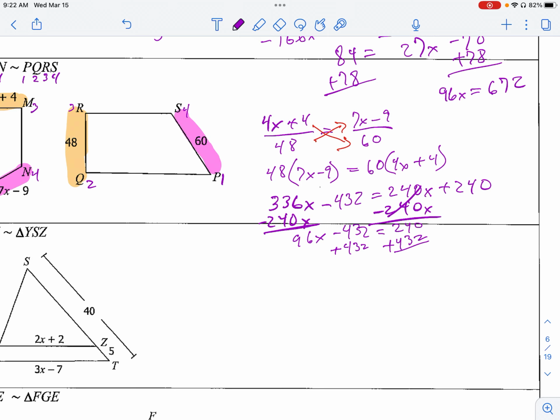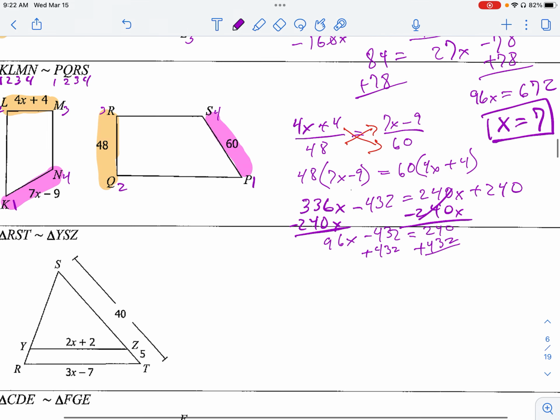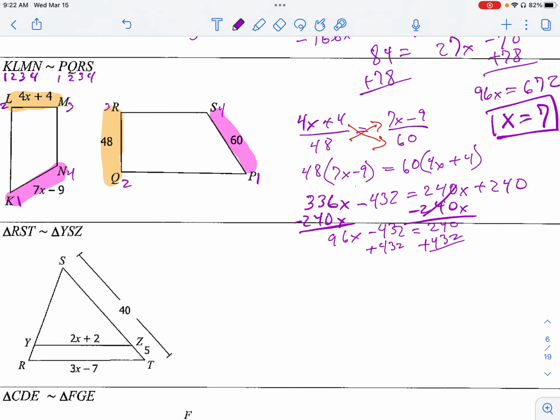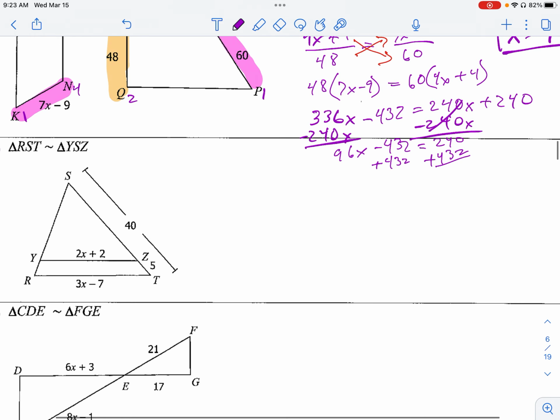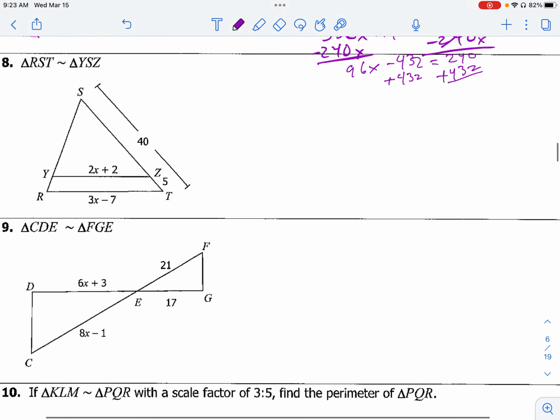All right, so 240 plus 432 is 672. Divide both sides by 96, and we end up with x equals 7. Again, the curveballs they throw us really shouldn't throw us off too much because nothing changes as long as we stay with the process.